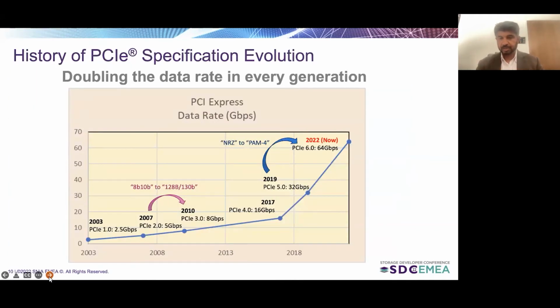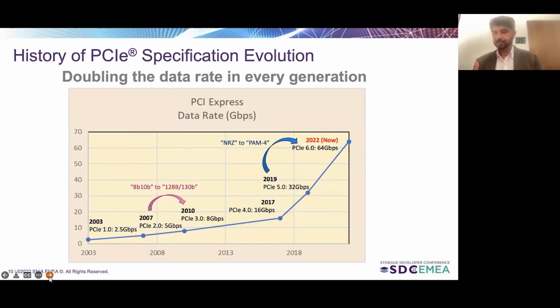Let's now talk a little bit about the history of the PCIe specification and how it has evolved over the last few years. As I mentioned earlier, it doubles the data rate in every generation. Way back in 2003, PCIe 1.0 was 2.5 gigabits per second. PCIe 6.0 in 2022 is now at 64 gigabits per second, compared to PCIe 5.0, which in 2019 was at 32 gigabits per second.